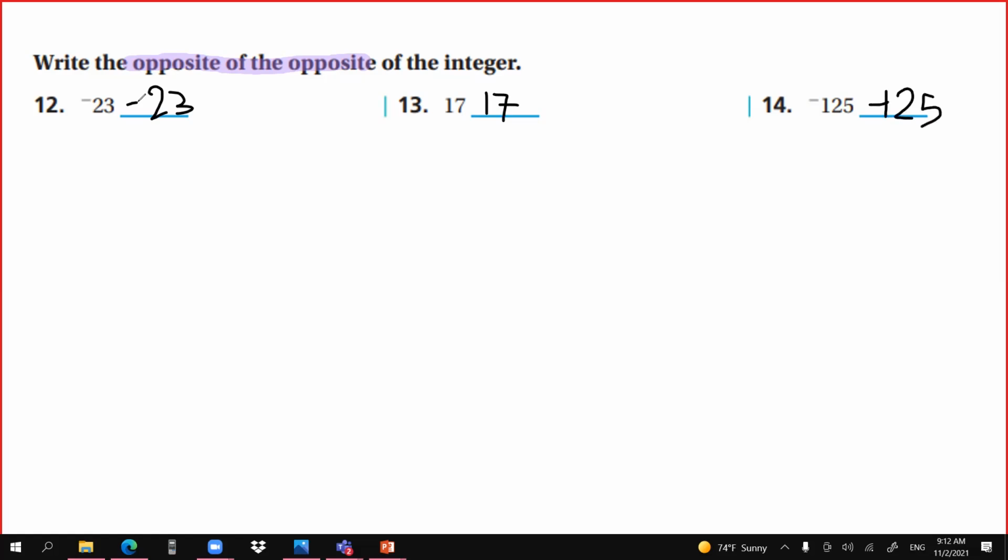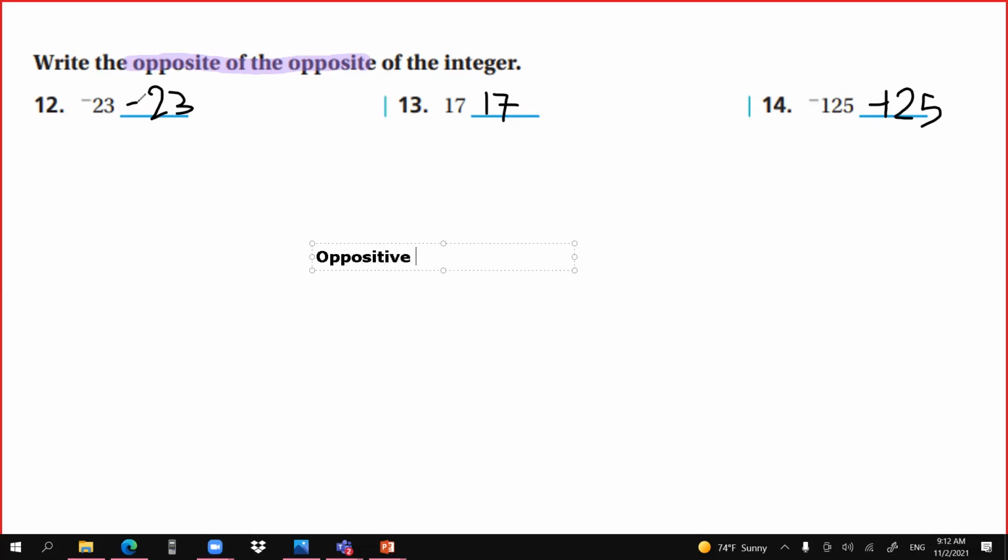Teacher, I don't understand how. When we have the opposite of the opposite, we make the same number, right? Yes, see, like if you say opposite. Teacher, I don't understand.